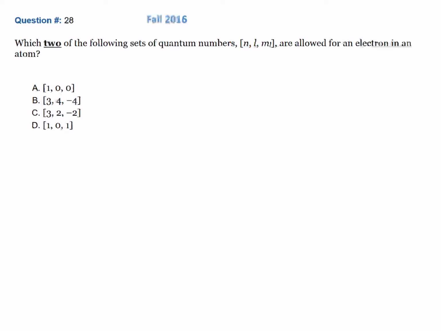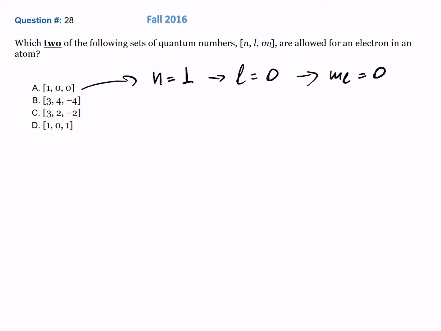Now, in this one, we are also looking for allowed sets of quantum numbers. In this case, we have two sets that are allowed. On the first one, we have n equals 1. If n equals 1, then L can only be 0. And if L is equal to 0, then ML can only be 0.